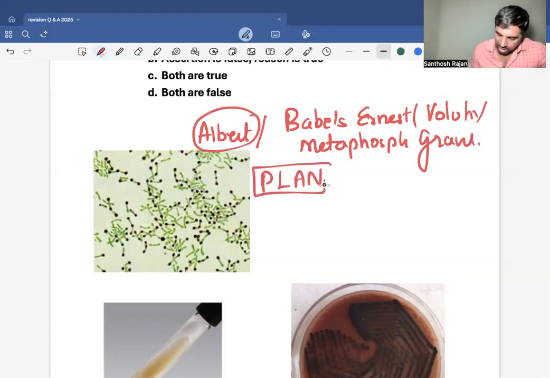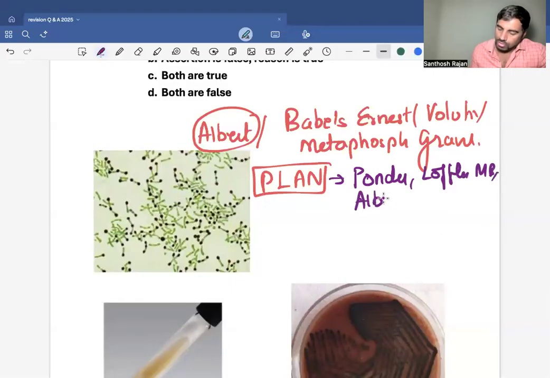Always say PLAN for diphtheria stains: P for Ponder, L for Loeffler's methylene blue, A for Albert, N for Neisser. These are the important stains for Babes-Ernst granules.